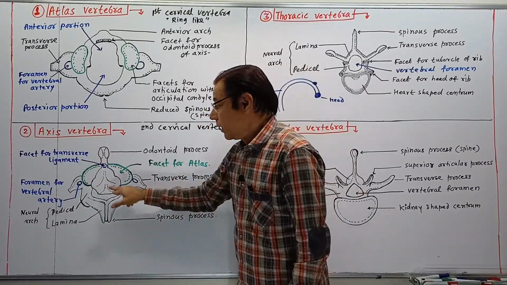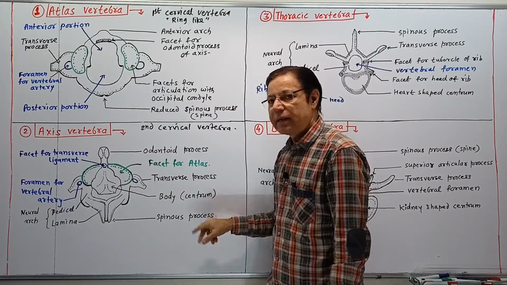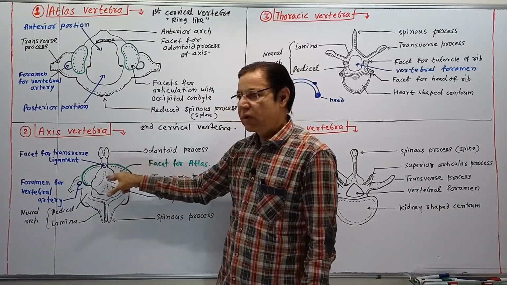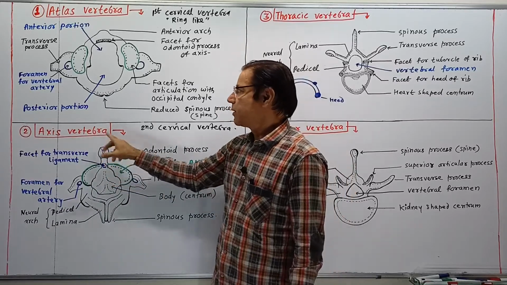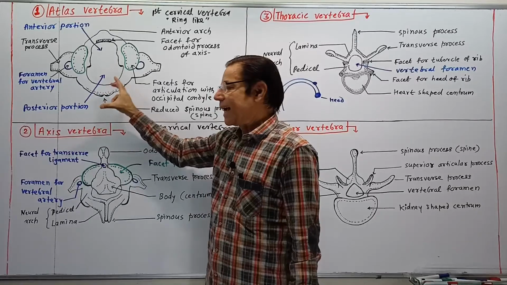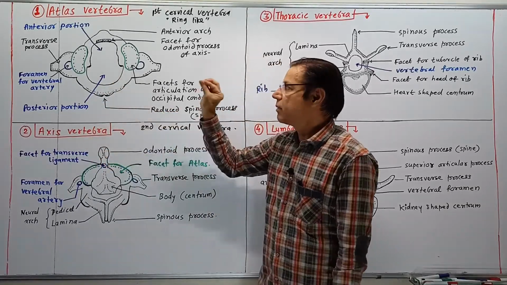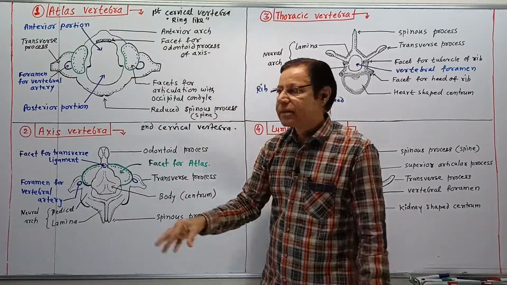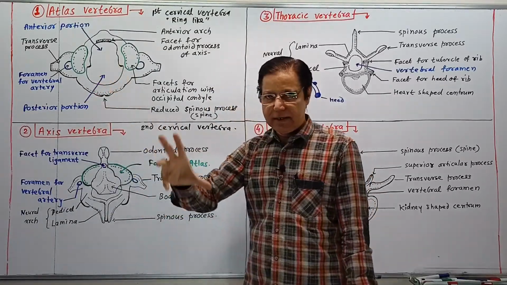Okay, then here the centrum, meaning the body of the vertebra, is somewhat distinct and modified into a projection, but here the size of the centrum is reduced. Here a distinct centrum is not clearly visible.